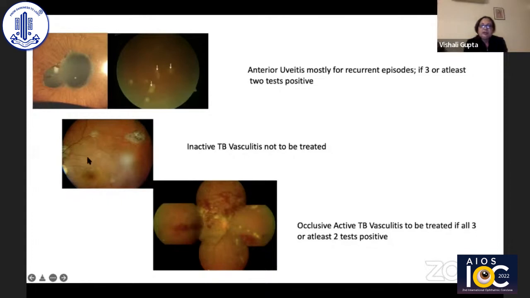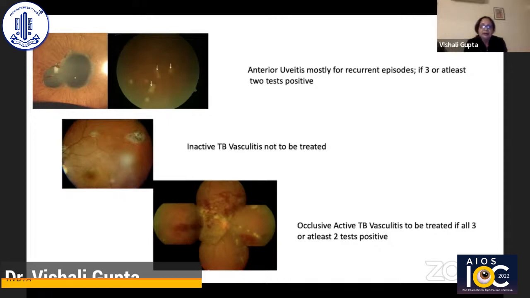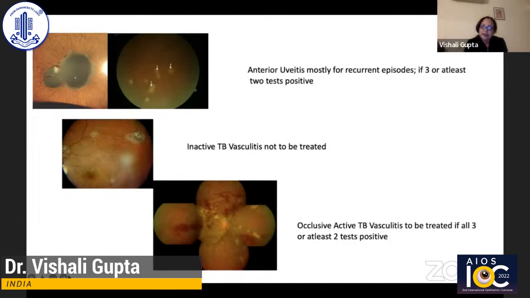But many times you would do vitrectomy for vitreous hemorrhage, which is so-called Eales disease, and after vitrectomy, you will find there are just healed scars. So if it is only inactive TB in the eye, please do not treat. Only the active disease should be treated.